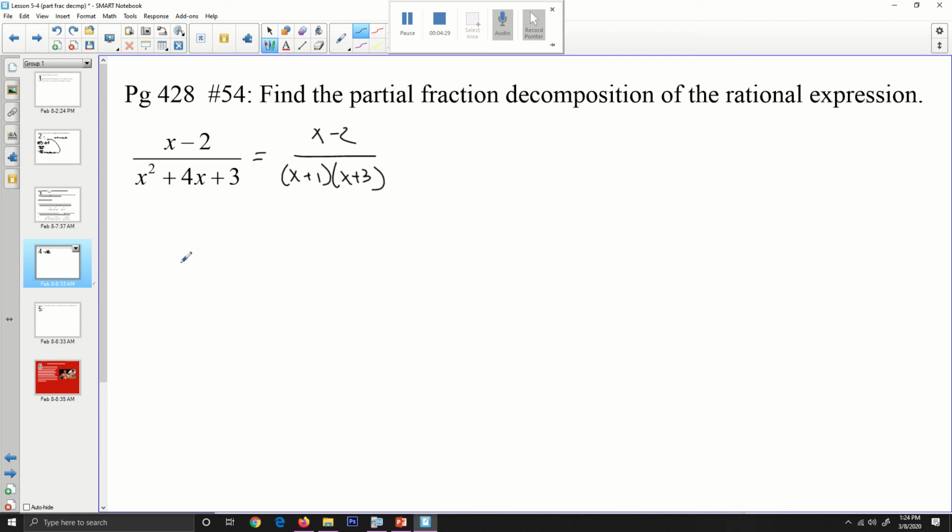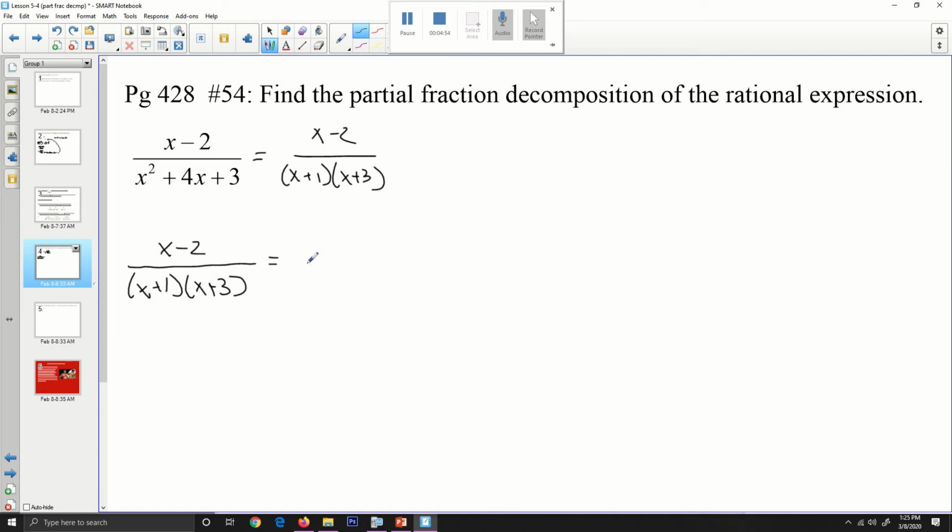So the partial fraction decomposition, since there are no squares on either of those, I only need a term for x plus 1 and a term for x plus 3. So I've got x minus 2 over x plus 1 times x plus 3.